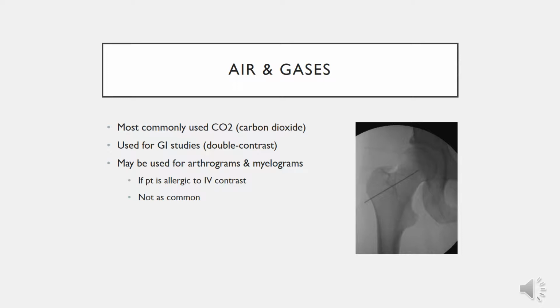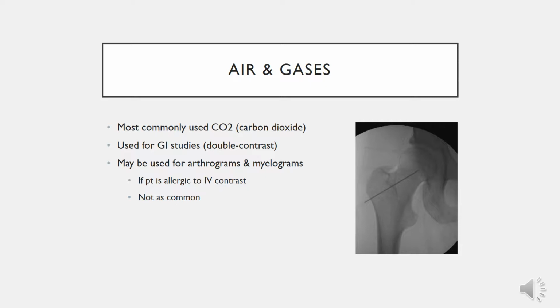So again, the most commonly used gas or negative contrast agent in medical imaging is going to be carbon dioxide. CO2 is going to be used for our double contrast studies of the GI. Gas may be introduced via a pump for a BE or potentially digested gas crystals for our UGI, those pop rock crystals that our patient drinks and allows the stomach to expand.